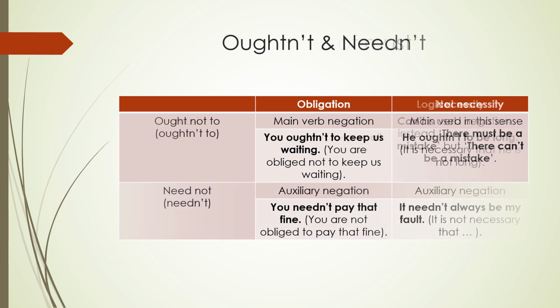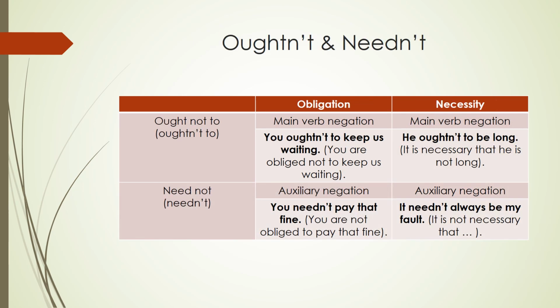Finally, we have the modal auxiliaries ought to and need. Now, when we are using them in the negative, which meanings or which pattern are we going to have? So if we start with ought to in the negative, it becomes ought not to or oughtn't to.